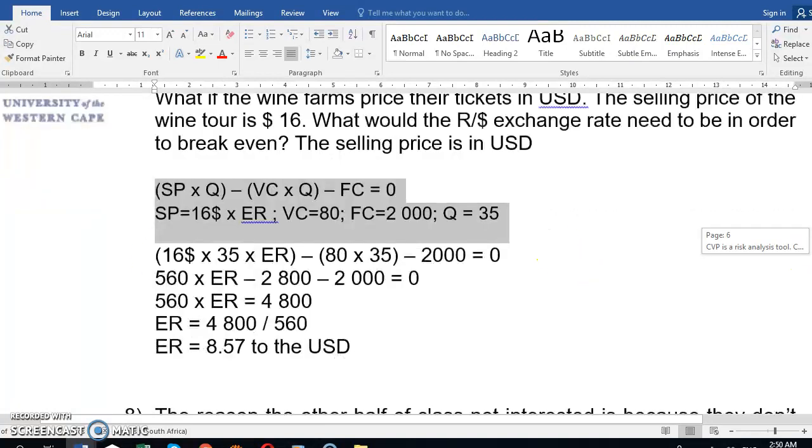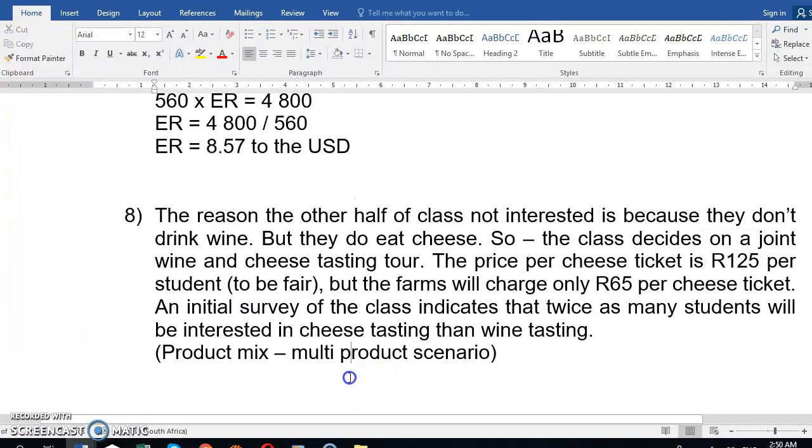but you can still start with using the equation.